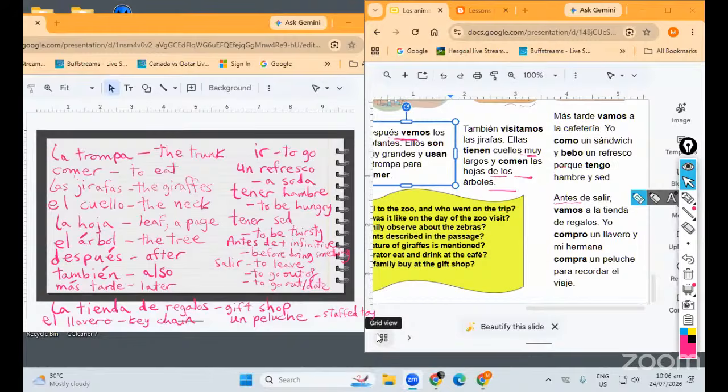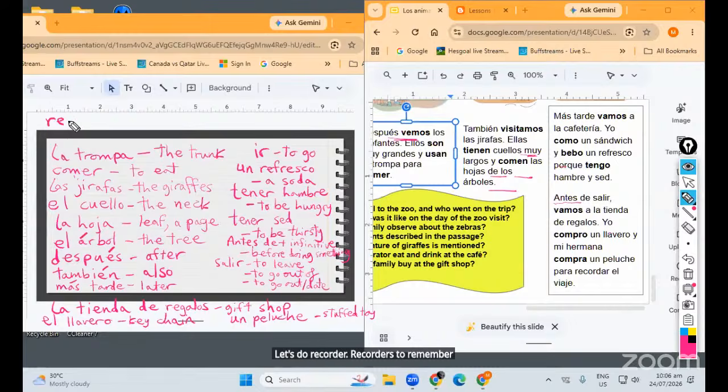And I think that is it for the vocab in this passage. Ah, recordar. Let's do recordar. Recordar is to remember, right? And then related to that is a useful noun for souvenirs.